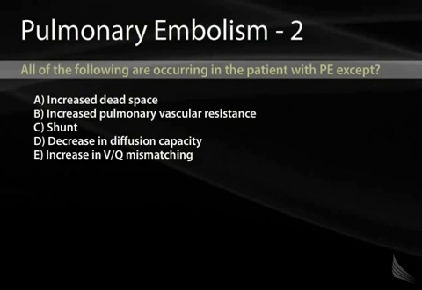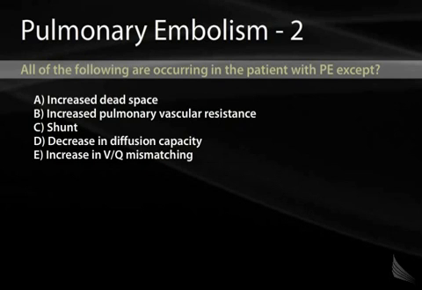All of the following occur in a patient with pulmonary embolism, except, once again, going through each one. Increased dead space. We know that a pulmonary embolism causes increased dead space. A is not correct. Increase in pulmonary vascular resistance.